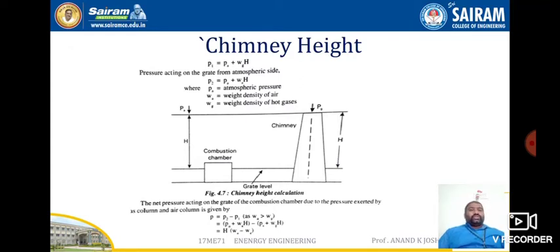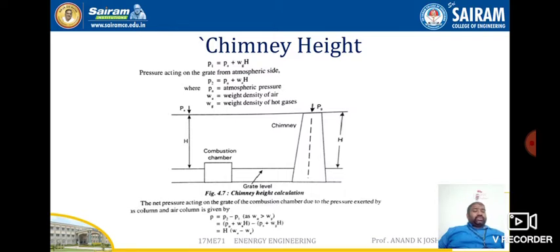Now we are going to discuss some numerical part of the chimney height. Consider the height of the chimney above the grate level as H, and the pressure acting on the grate from the chimney side is P1 = PA + WG·H.